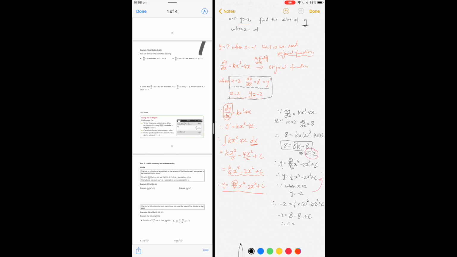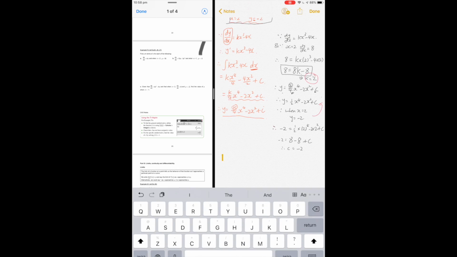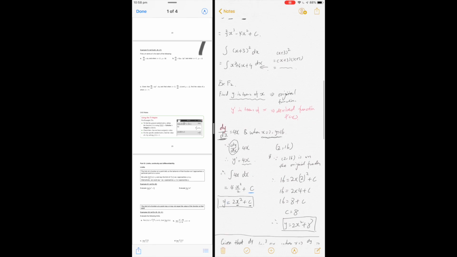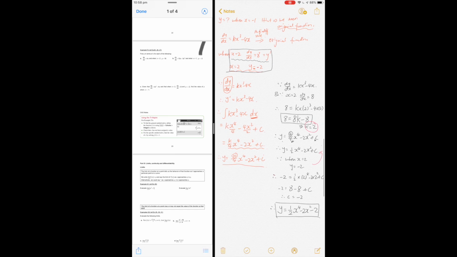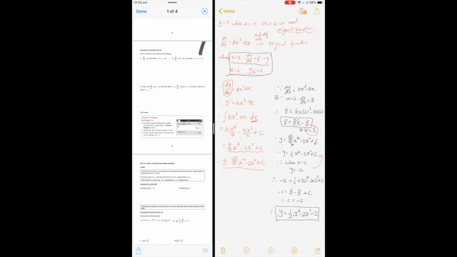Therefore c is equal to negative 2. Because c is equal to negative 2, the original function is y equals half of x to the power 4 minus 2x squared minus 2. This is my function.